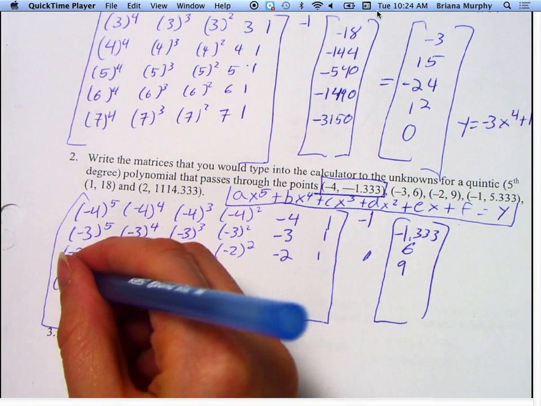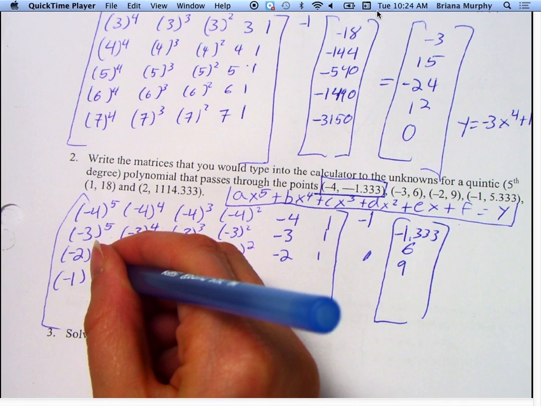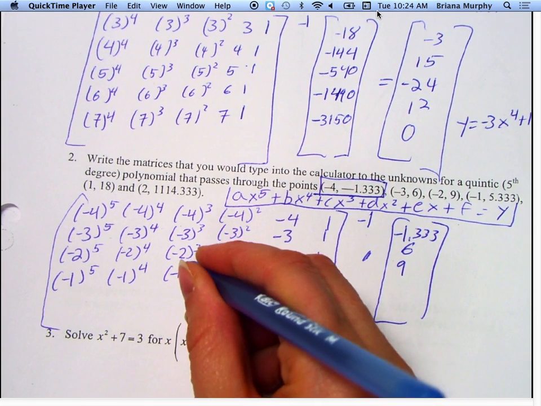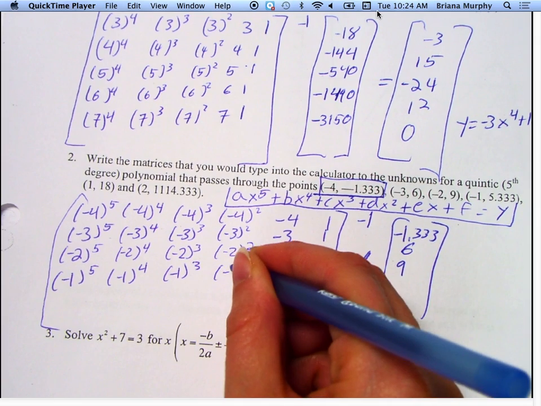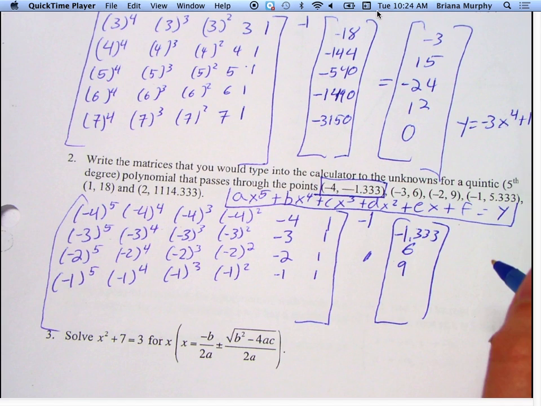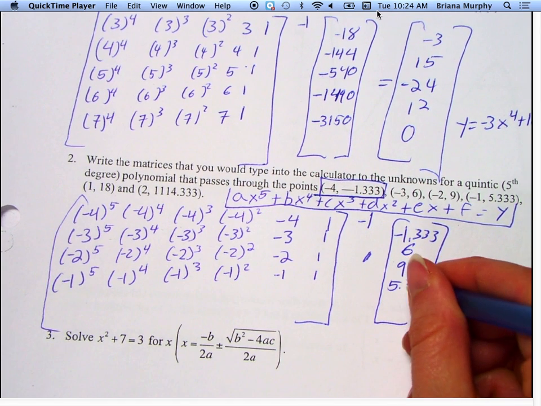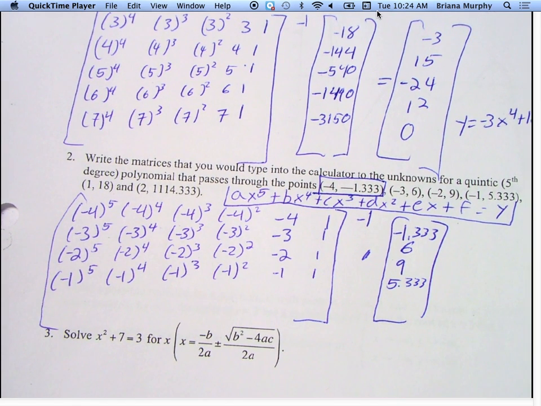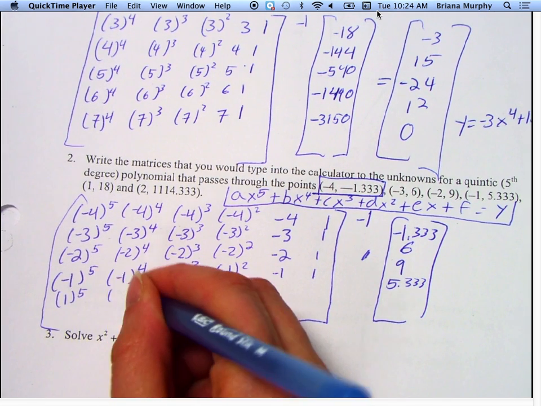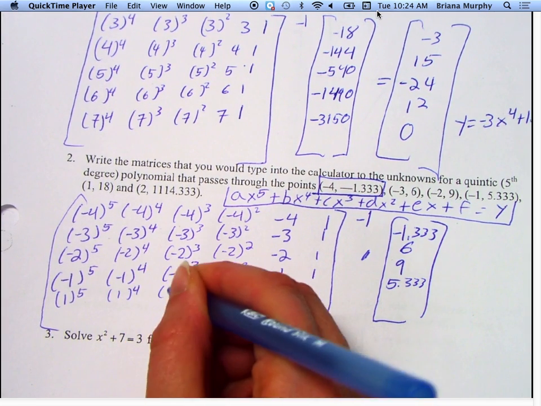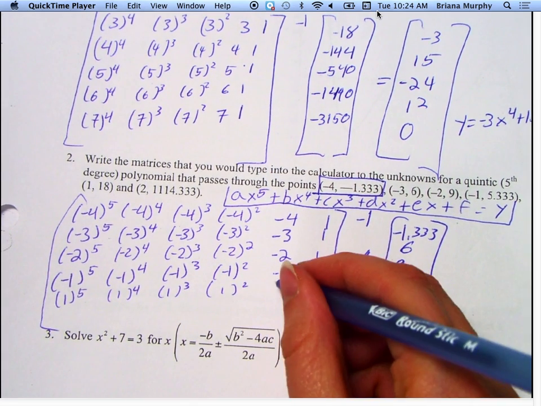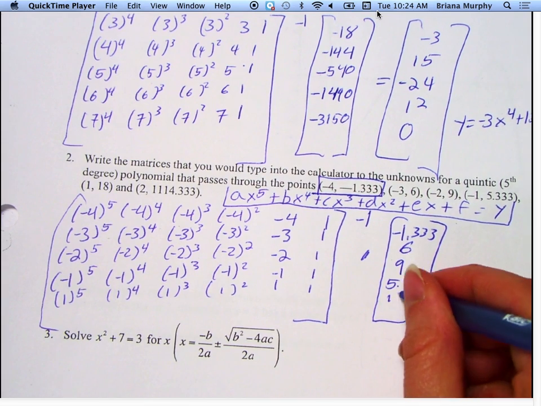Now I'm going to have negative 1 to the 5th, 4th, 3rd, squared, negative 1, and 1, and 5.33. Okay. Then I have 1 to the 5th, 1 to the 4th, 1 cubed, 1 squared, 1, 1, and 18.